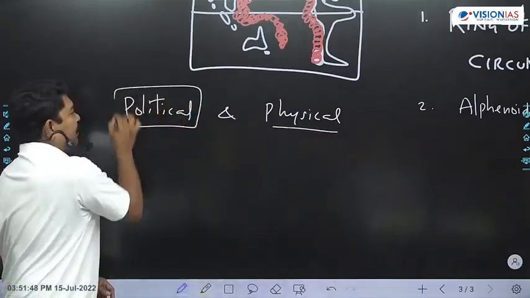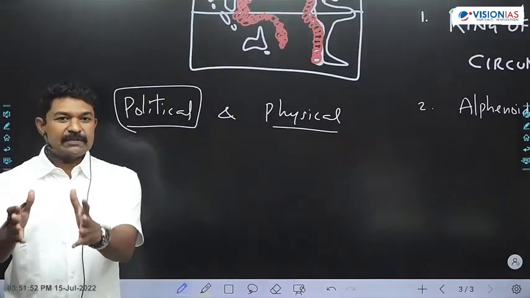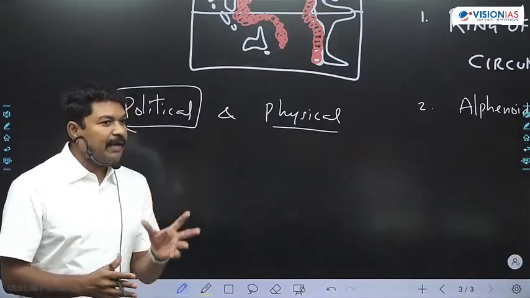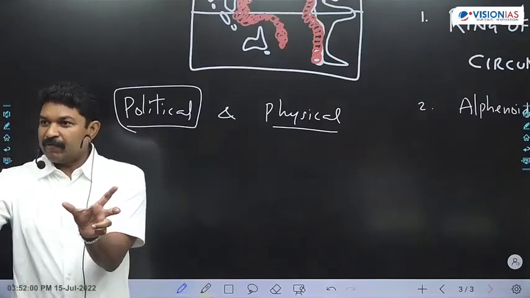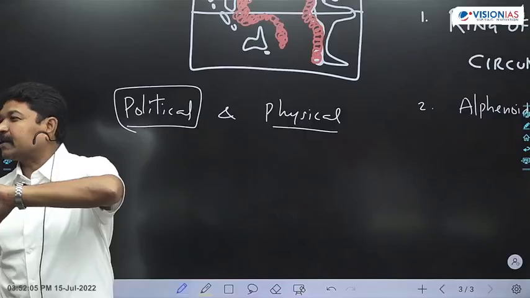What is a political map? A political map denotes only the political divisions of the countries, the political division of the continents, like which continent is having how many countries, or where a country is located. Each and every country is differentiated with a different color.